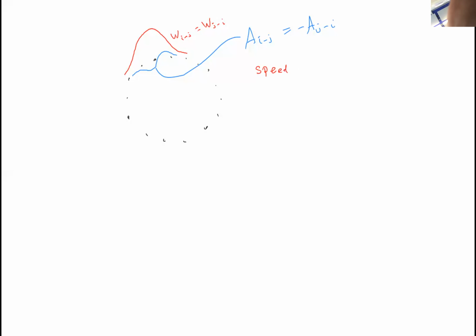Speed. So speed along the attractor is proportional to minus epsilon.